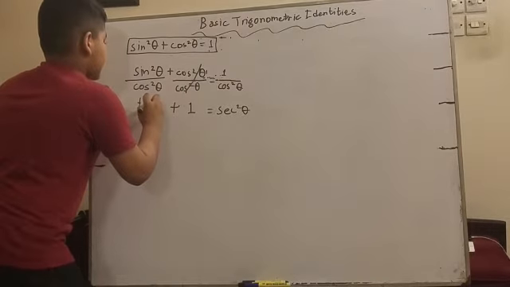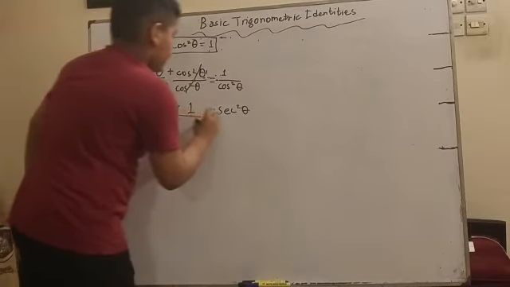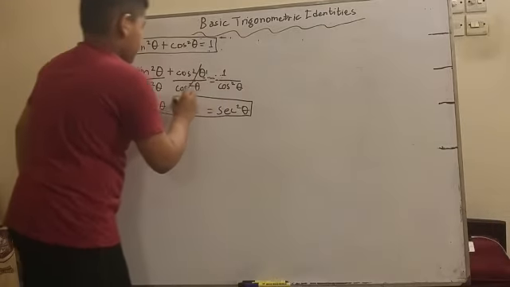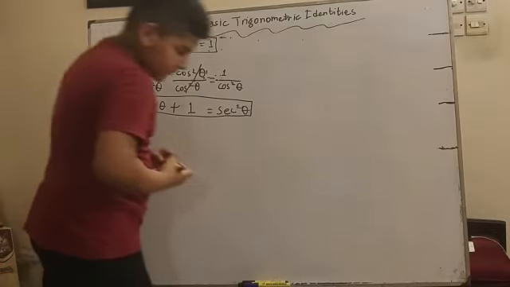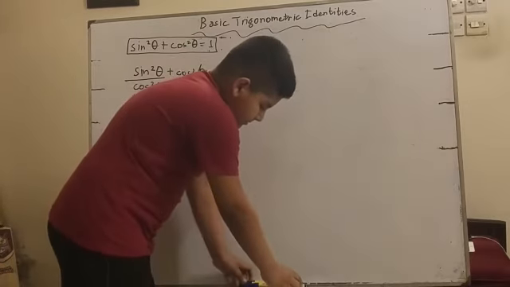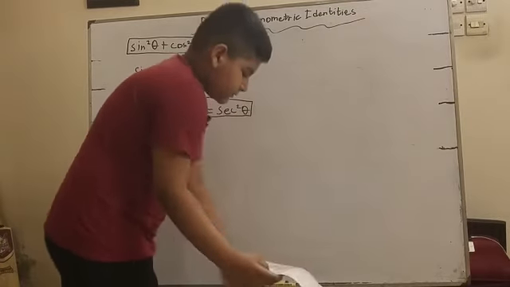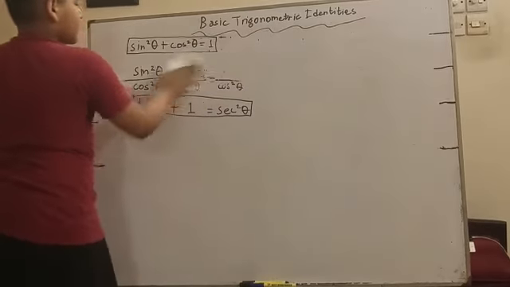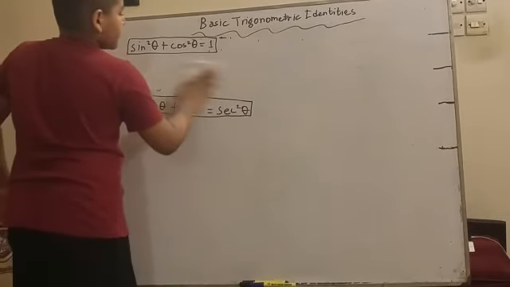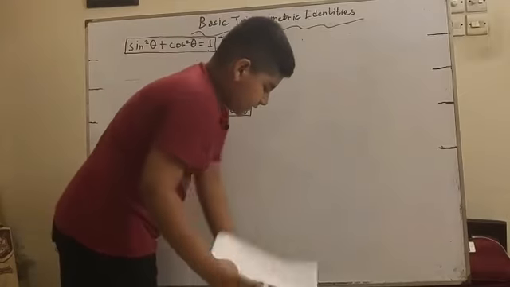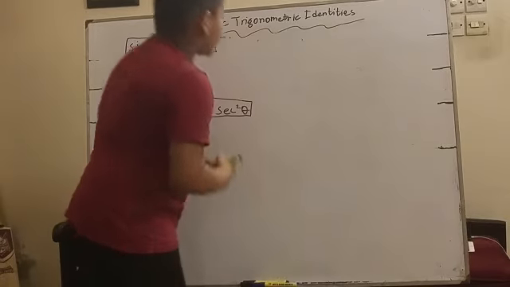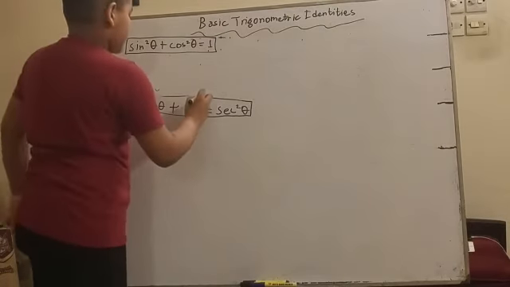So this will be tangent squared theta. Now there are 2 identities covered.